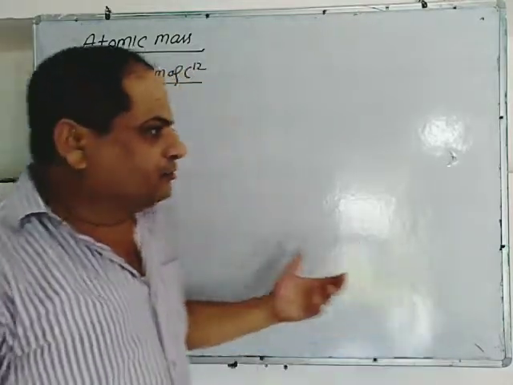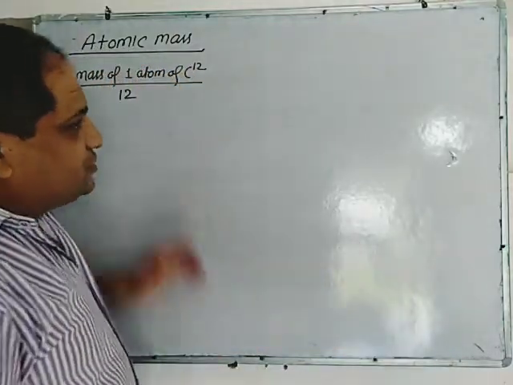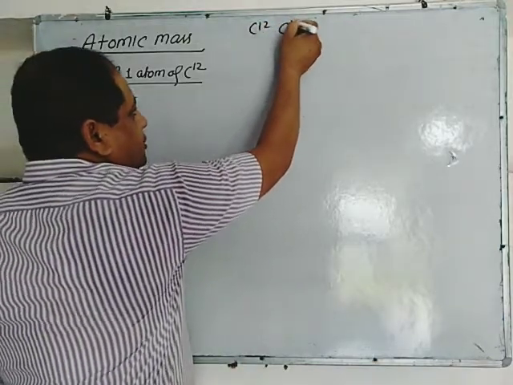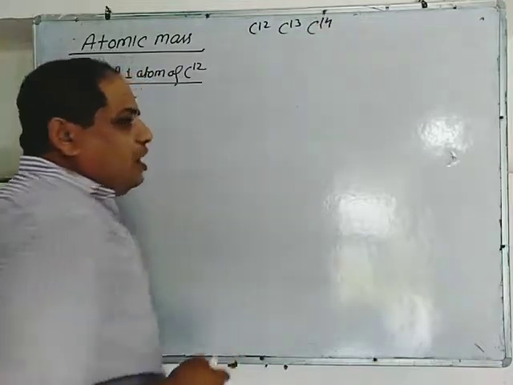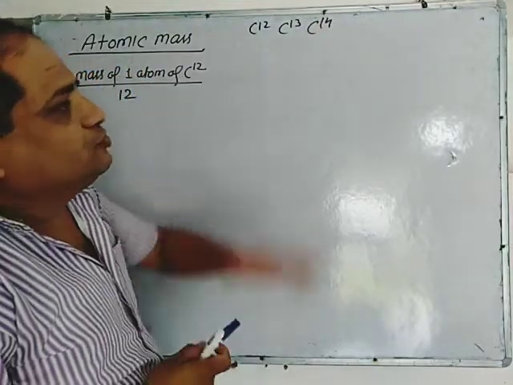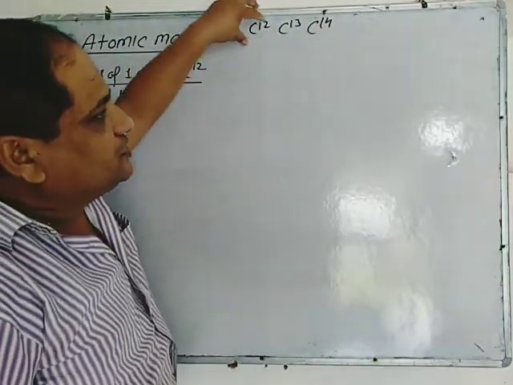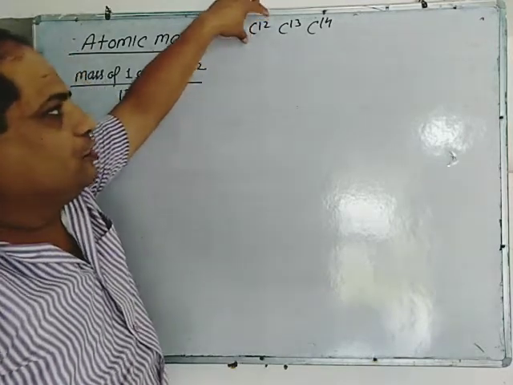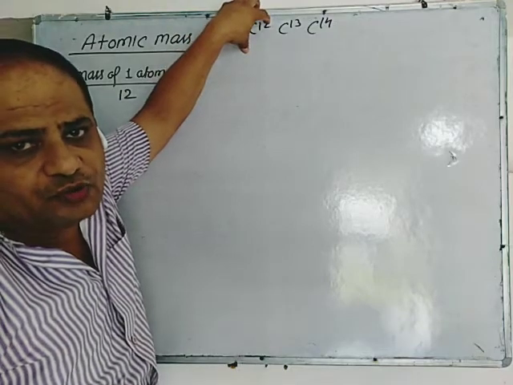So, carbon exists in three isotopes, C12, C13, C14. Out of these three isotopes, this is the most existing isotope, most common isotope, C12.